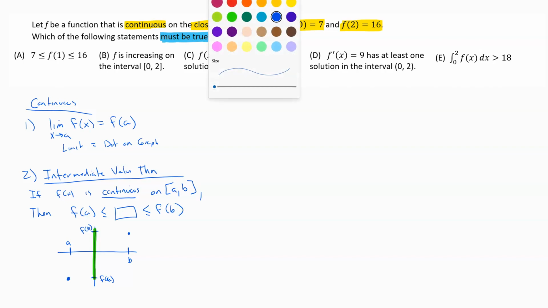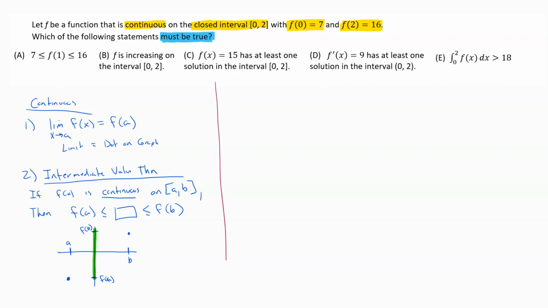Option A is saying that f of 1 has to live between 7 and 16. That's where they're trying to play off this idea that we have 7 and 16 going right there, and 1 happens to live in between 0 and 2. Well, could it be in between those two things?